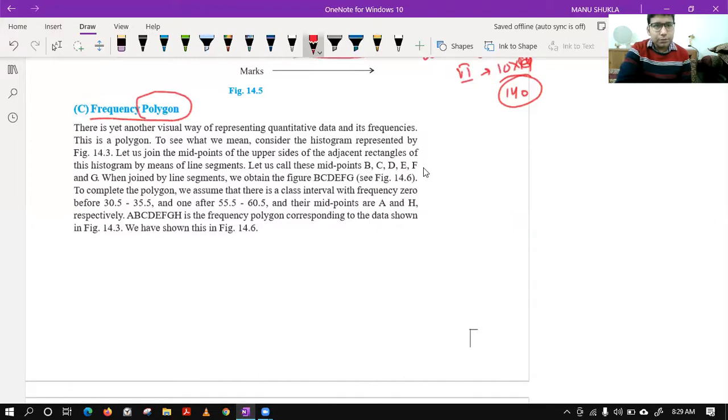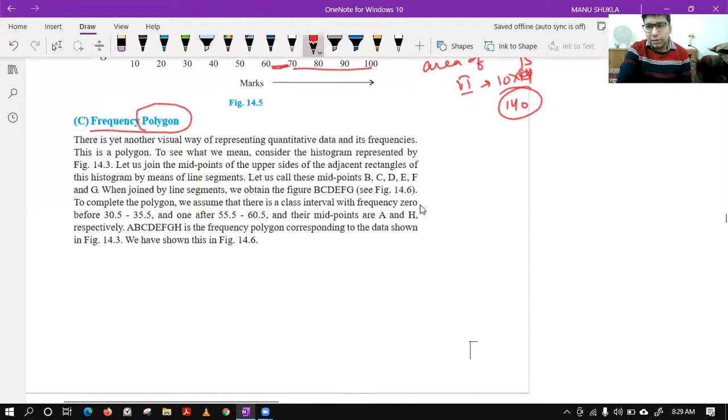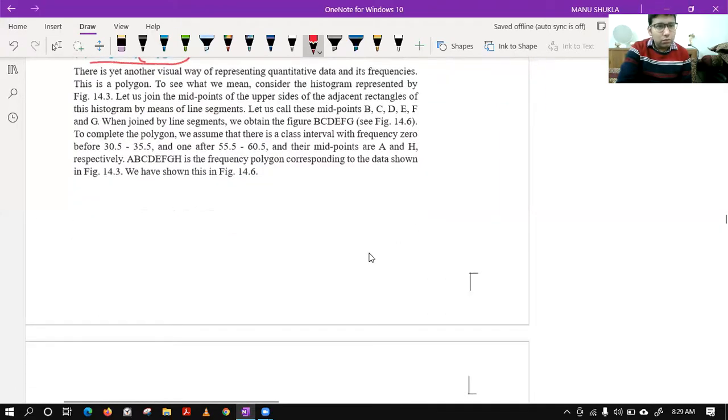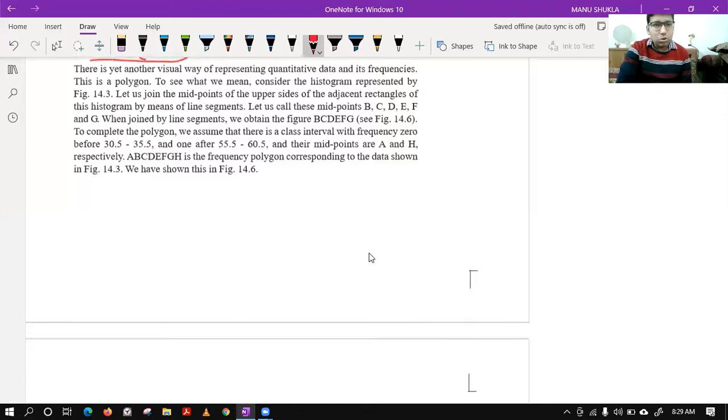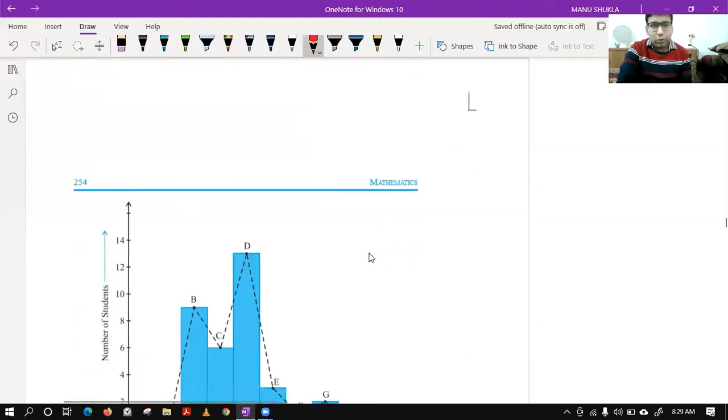Polygon is a, yes, it is a closed figure made up of line segments.